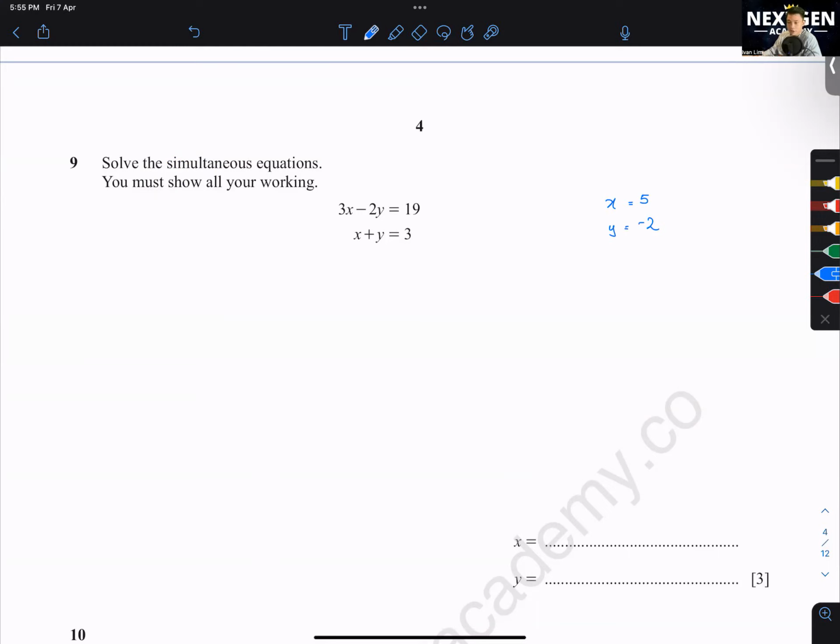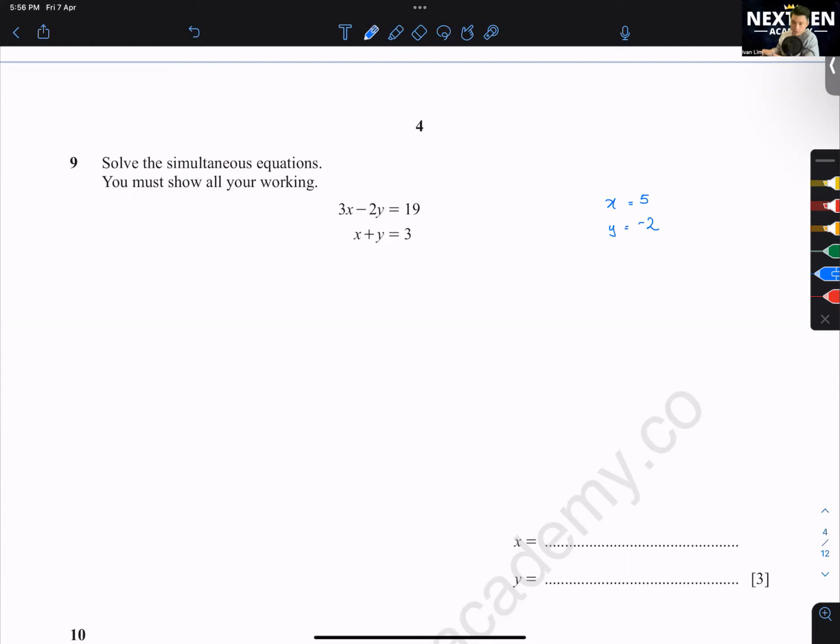How to type in calculator? What calculator are you using? What model calculator? Are you using this? 570EX Plus? Because there are so many FX 570. EX or MS?